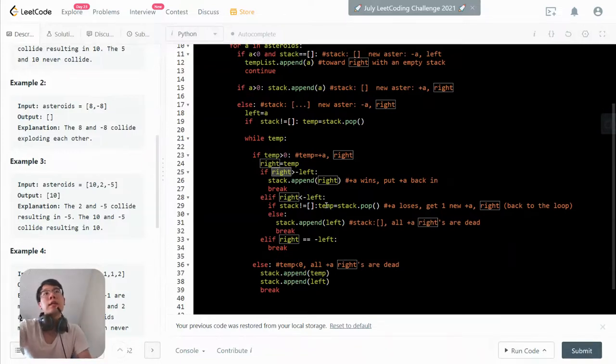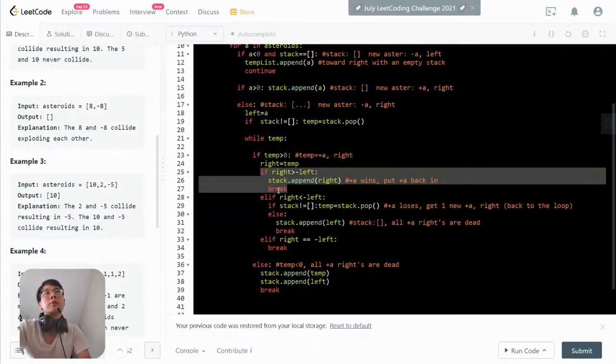That's why we put it in the temporary asteroid again and go back to the loop. And when the right one wins, we break because no more asteroids need to come out from the stack.